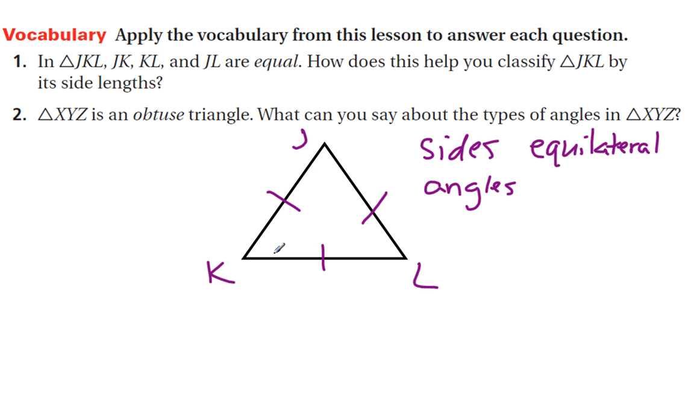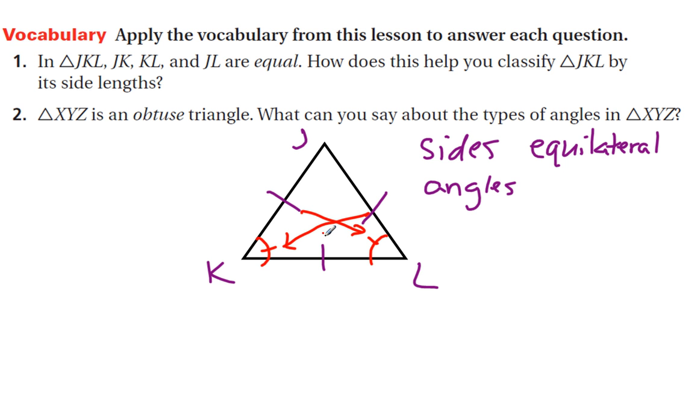How can we classify this by angles? Wait, we didn't talk about this. Yeah, we don't really need to for right now. We're going to get into it later. But maybe we can talk about it as we're here. If the side length is the same, that means that the angle across from it will also be the same.